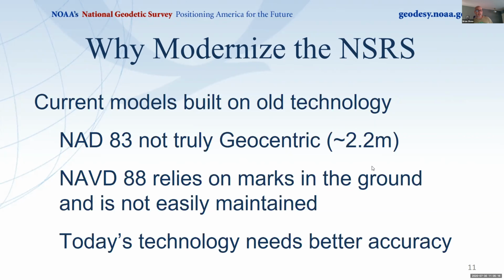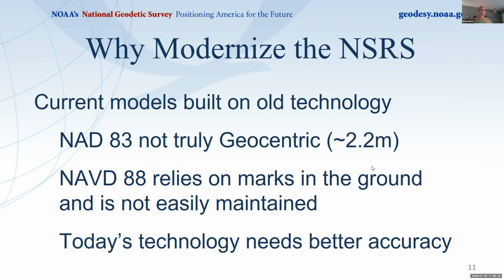So NAVD88 relies on marks in the ground. The way you would currently get an NAVD88 height, a very accurate one, would be to go out and perform geodetic leveling from a mark in the ground that has an NAVD88 height already. And generally you have to tie into multiple marks. What we know today is these marks are not stable. They're not staying at the same place in time.